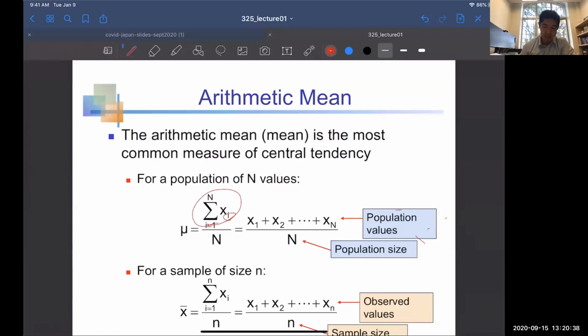Then if you want to take the average, you just sum up across different units and divide by n. Writing out this summation is time consuming and long, so we often use this convenient notation, the summation operator. It's a shorthand way of writing out the sum across different units, where subscript i represents each unit.